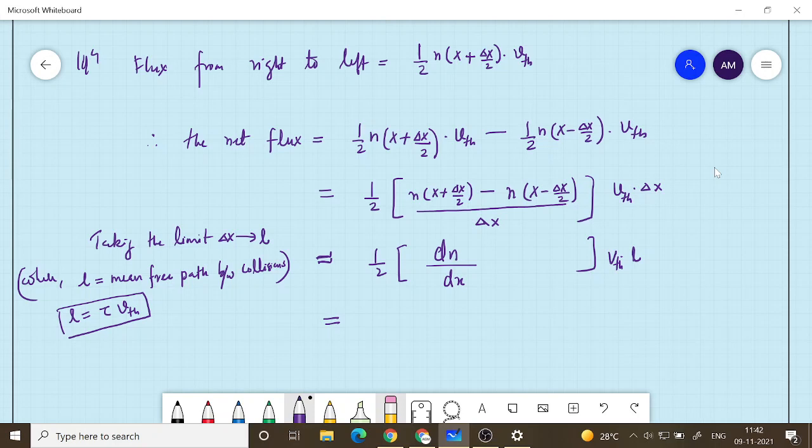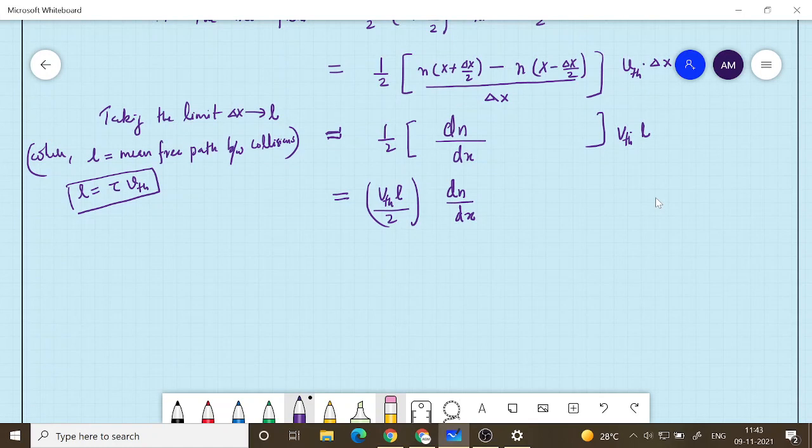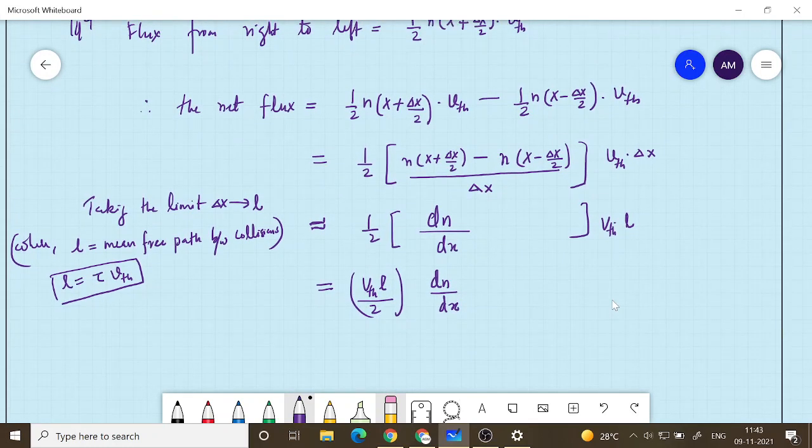So the constants that I have here, Vth L divided by 2, I will put them together and I will write it as dn by dx. Is that clear so far?